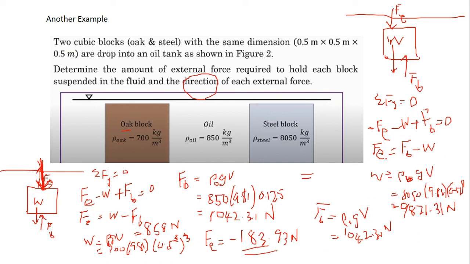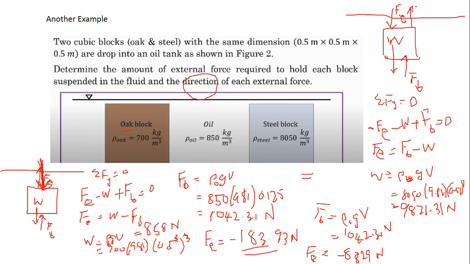What is the value of FE when you substitute back? Negative, negative 8,829 Newton. Okay, so what does that tell you? Wrong, because it should be upward.